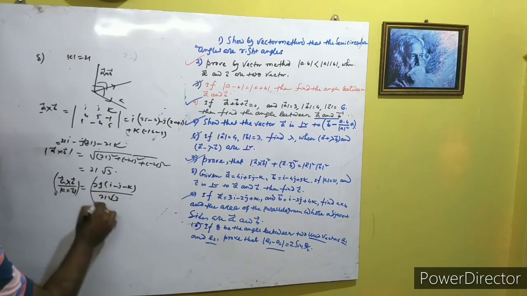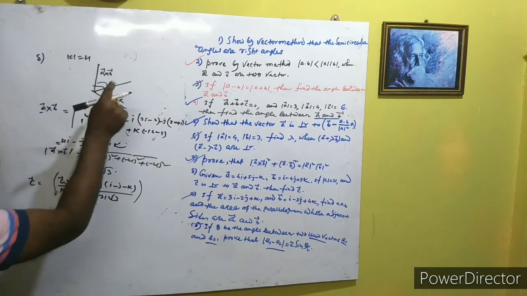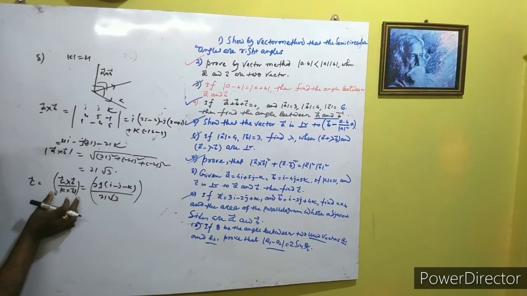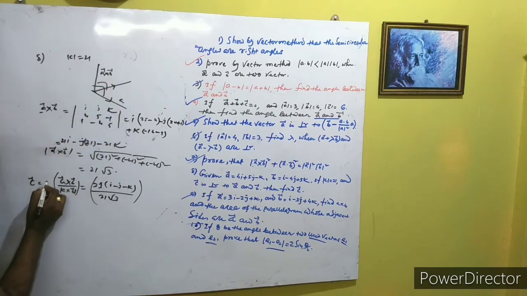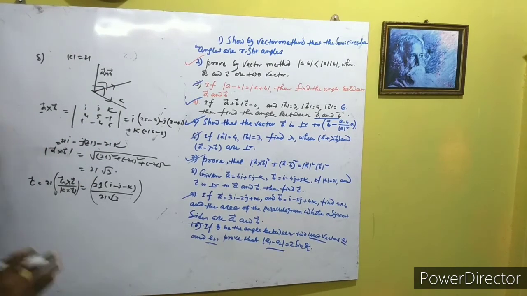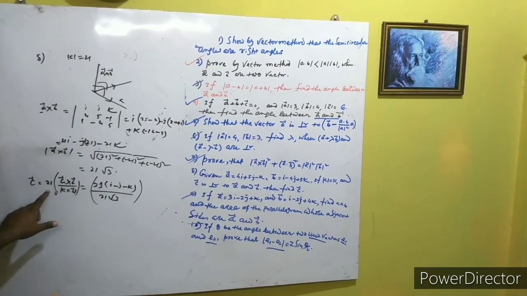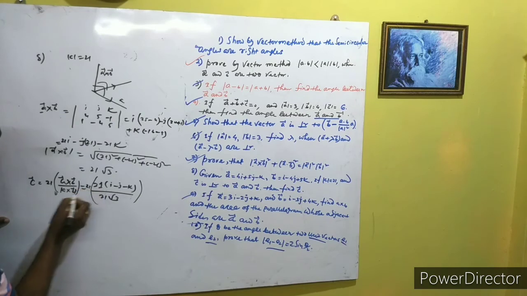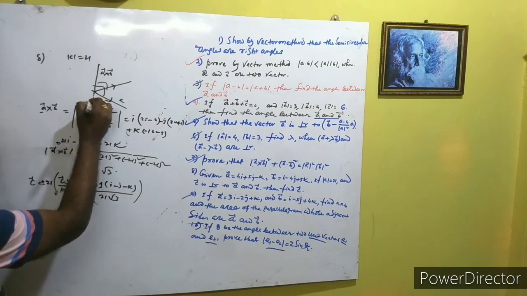You have been given the vector C whose length is 21 units. So this is the unit vector which I found here, which is perpendicular to both the vectors A and B. If we multiply by 21, then we get a vector which is perpendicular to A and B and whose length is 21 units. We take a plus minus sign because it may be in the opposite direction.